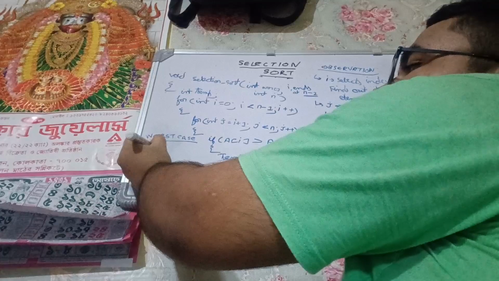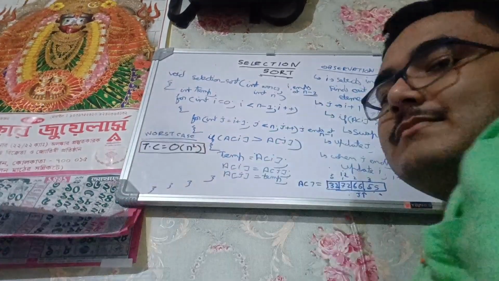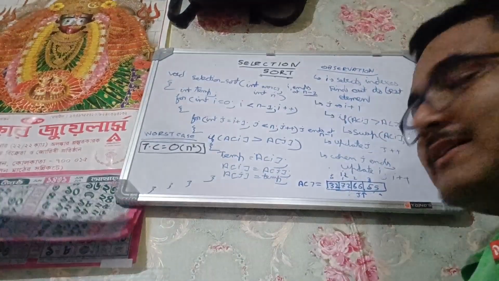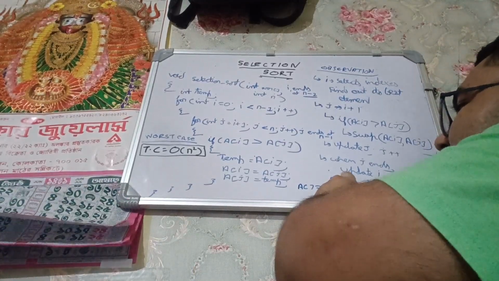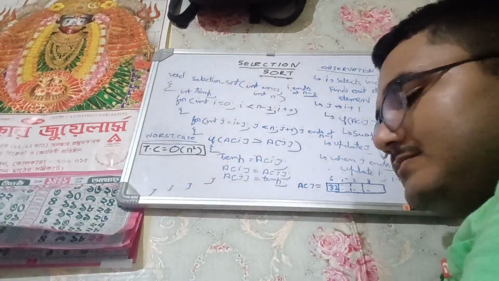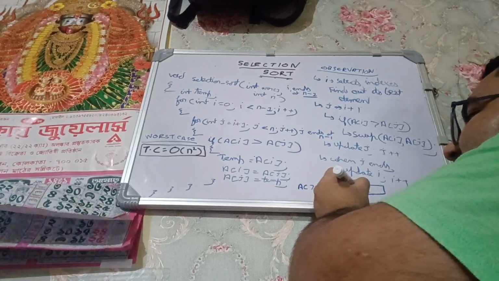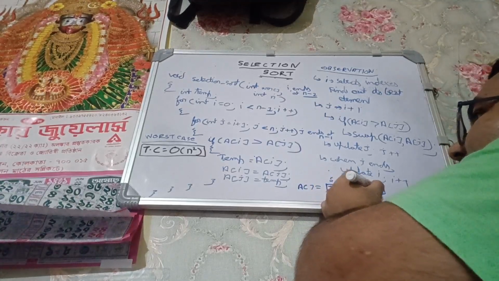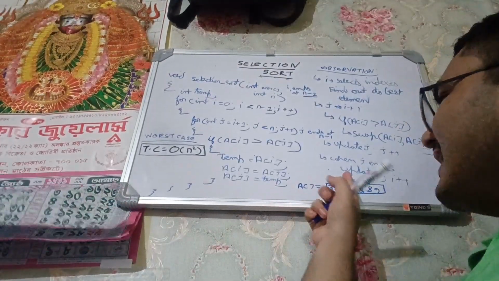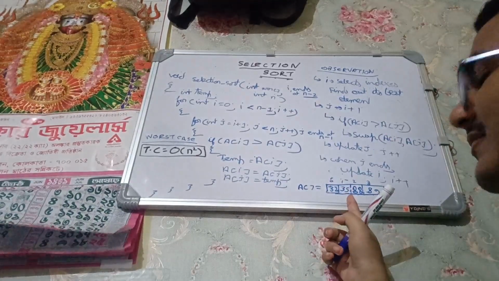because I is traveling n times and j is also traveling n times. Now, best case scenario, say the array is totally sorted: 32, 35, 88, 89. j is traveling up to n, I is starting from here, j is starting from I plus 1.